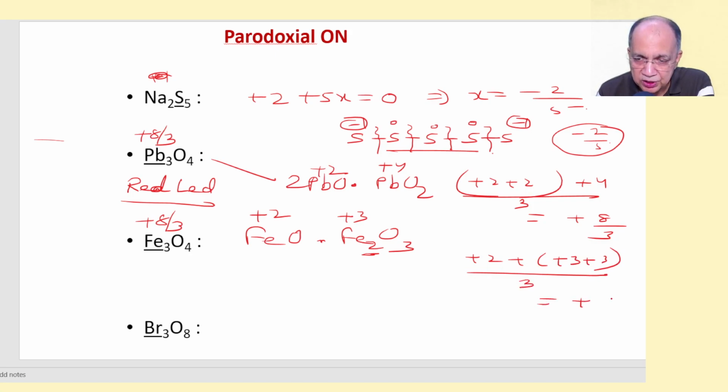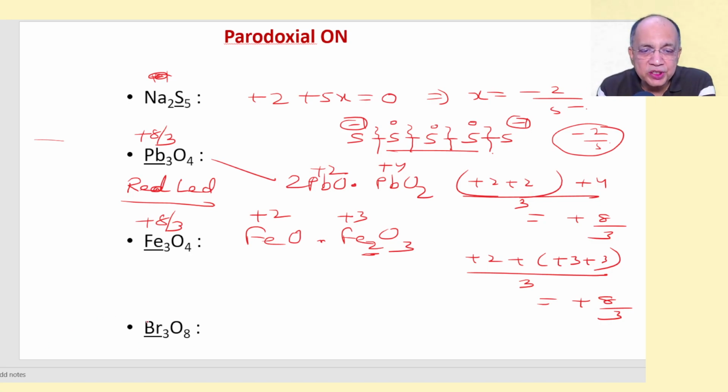We are getting an average of plus 8 by 3, which is meaningless. Yes, for balancing equations, you can write 8 by 3, no problem. But when you are asked to really say what the oxidation number is, plus 8 by 3 is a paradox, unacceptable. It is plus 2 and 2 times plus 3.